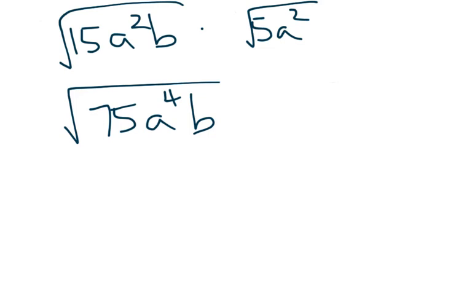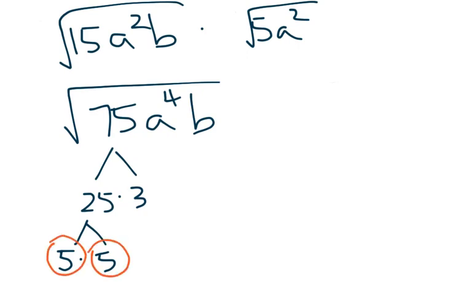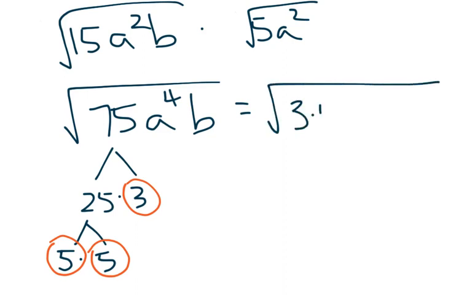Well, 75 is 3/4. So that would be 25 times 3. And then 25 breaks down to 5 and 5. So I have 5, 5, and 3. So if I rewrite everything, I have 3 times 5 times 5 times A, A, and B. And I think that's everything that's under there.